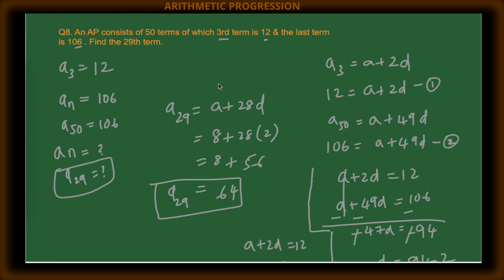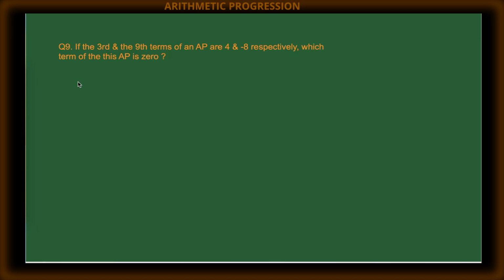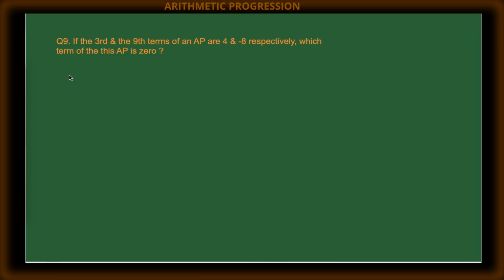Okay, let's move to the next question and analyze it. If the third and the ninth term of an AP are 4 and minus 8 respectively, which term of this AP is 0? So what is given here? a3 is given, which is equal to 4, and the ninth term is given as minus 8.